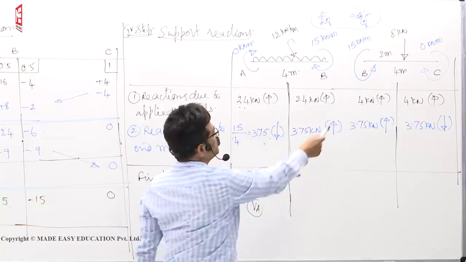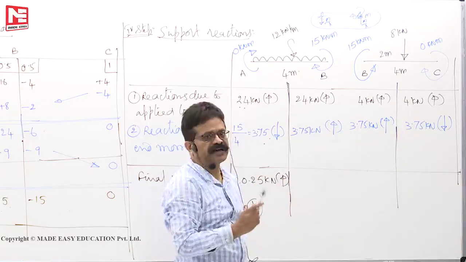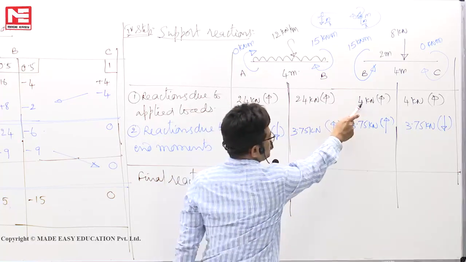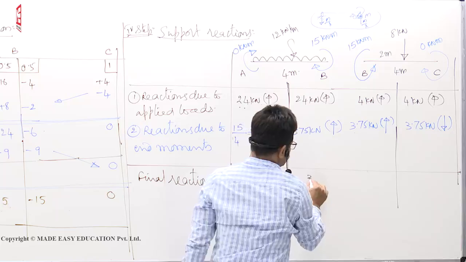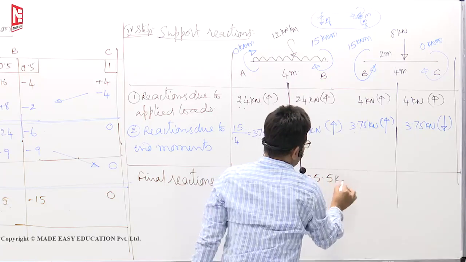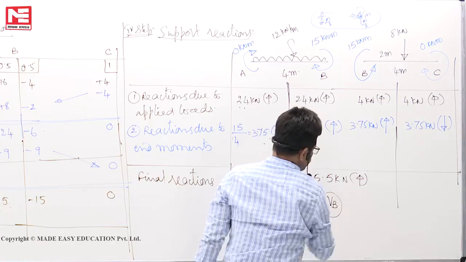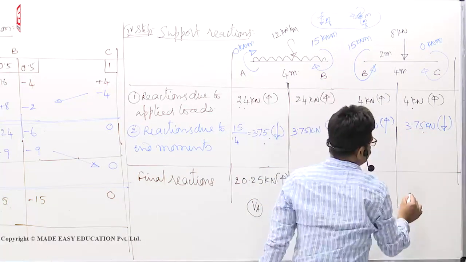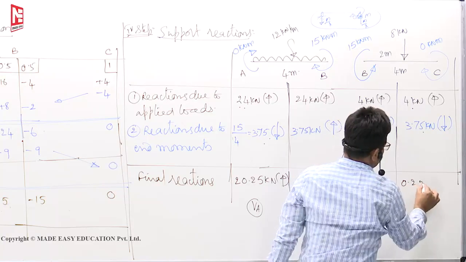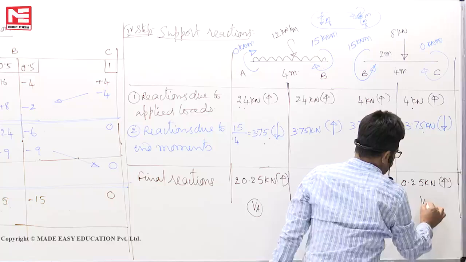So these are four reactions, and all of them are upward. So add them. 24 plus 4, 28 plus 6, 34 plus 1.5, 35.5 kilonewton upward. This box is for VB. This box is for VC. 4 up, 3.75 down. So you will get 0.25 kilonewton upward. This reaction is VC.